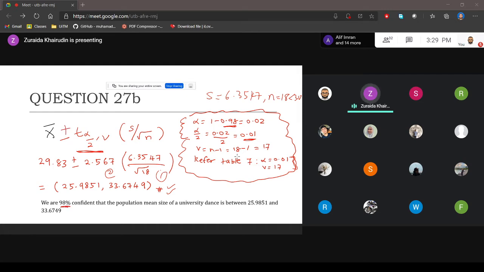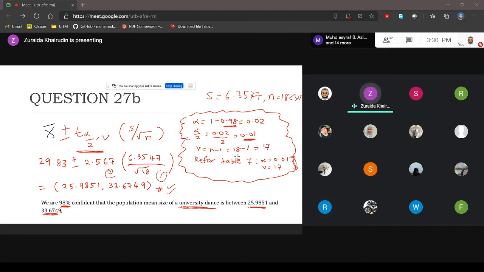We have the same interpretation, except we only change a little bit of the level of confidence, the subject here, and also your final answer. If you can see on your screen, the part that I underline here you can change according to the question.